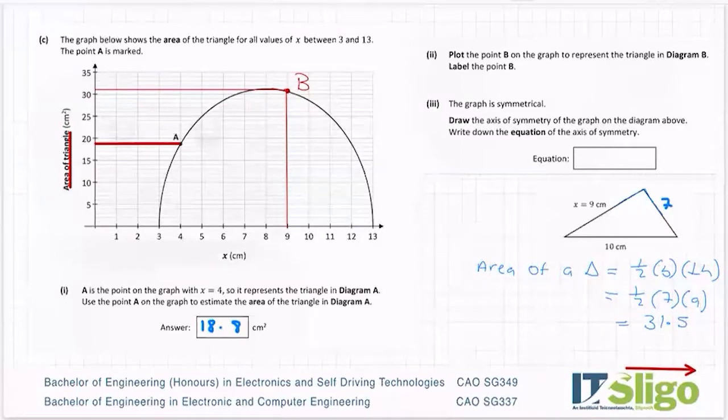The graph is symmetrical. Draw the axis of symmetry of the graph on the diagram below. Write down the equation of the axis of symmetry. Symmetry means I can literally fold it in half, and one side will fold directly onto the other.